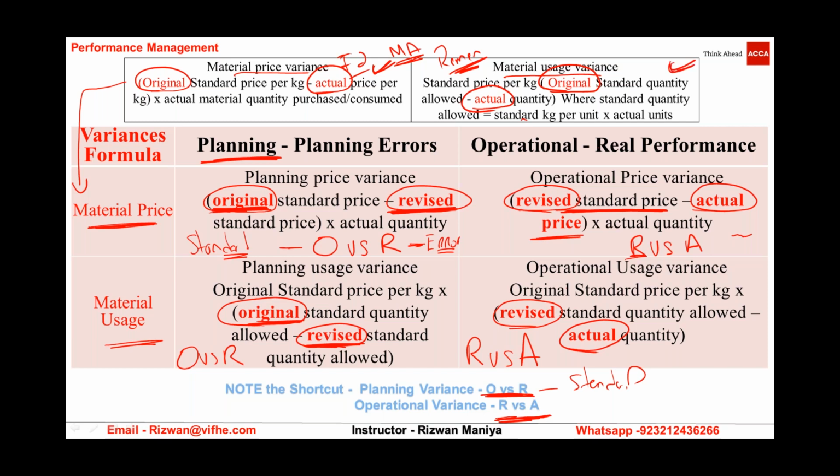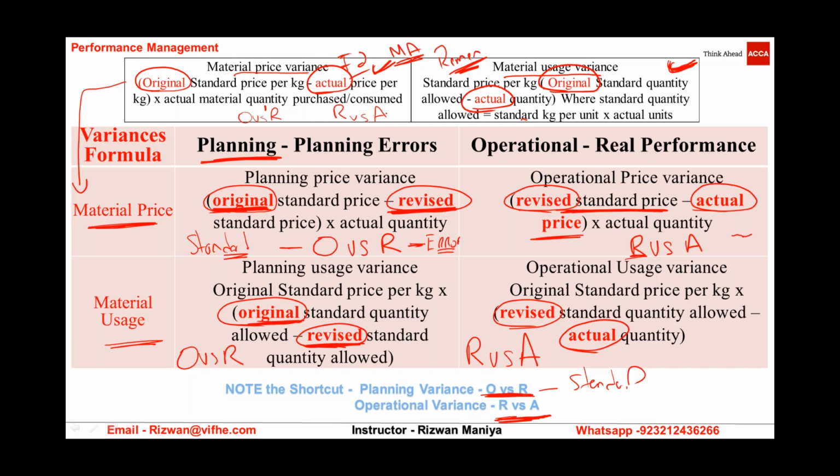So you remember these normal F2 formulas. If you remember these, after that it's simple. For price planning, it's original price versus revised price. And for operational, it's revised price versus actual price. That's it.